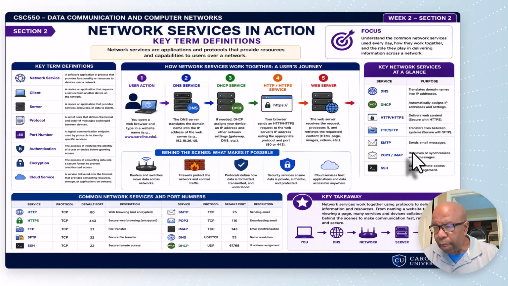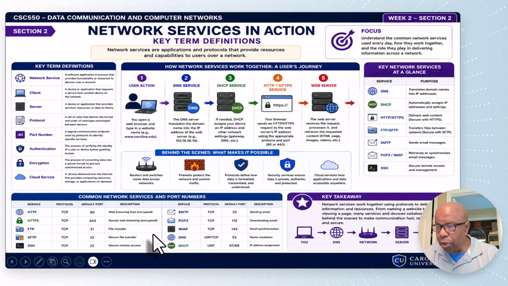Behind the scenes, we have devices, the routers, the switches, the firewall, the protocols interfacing with those, and security services. These are things you definitely will not see on the surface, but which have to be there in the background in order for things to work.